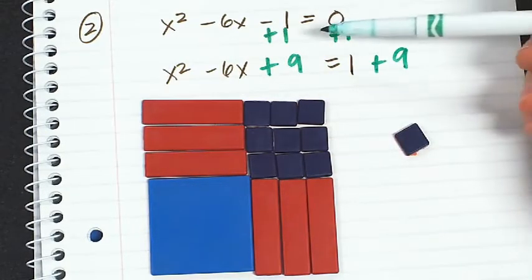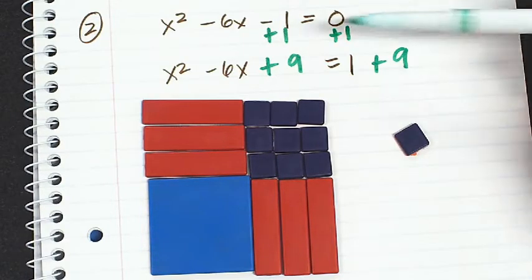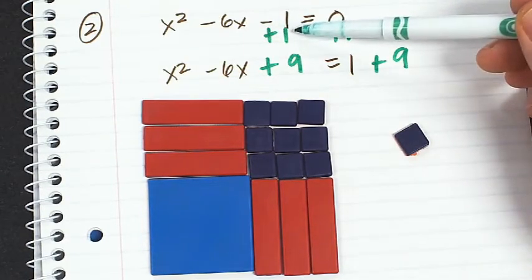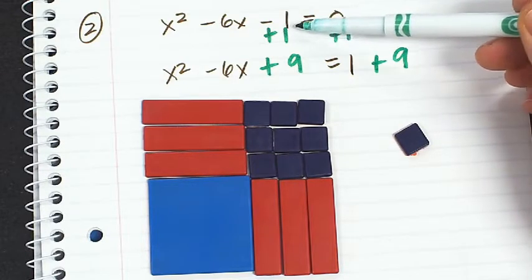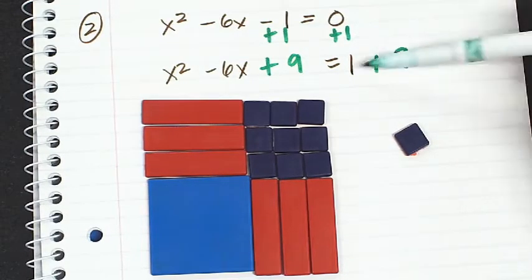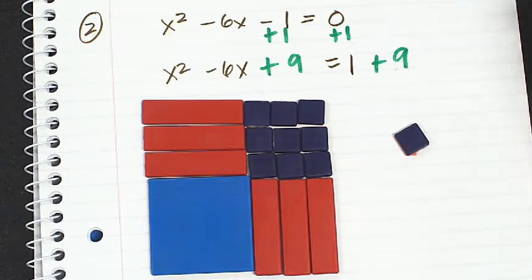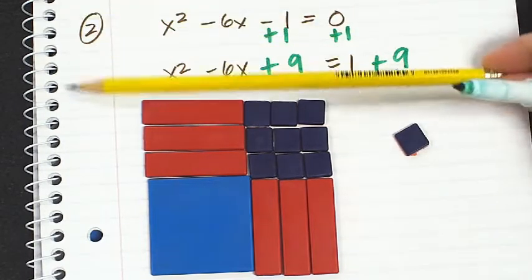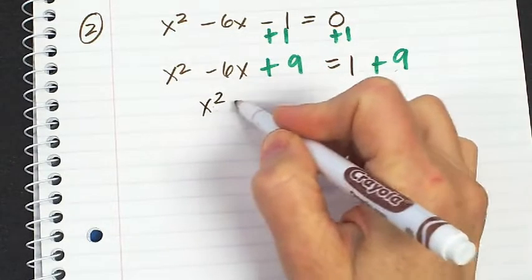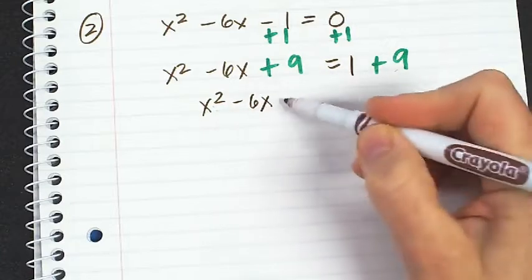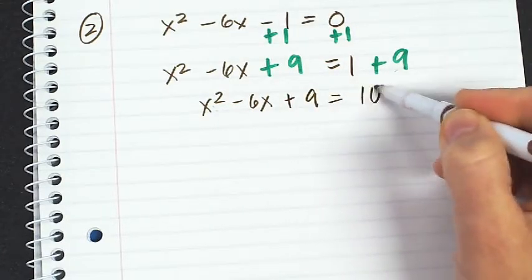Now you might be saying, how could I do it without moving this over? You would just add 10. Negative 1 plus 10 would give you 9. And if you added 10 to the left, you would add 10 to the right, which is what you get either way. So whichever way makes sense to you, that's going to give me x squared minus 6x plus 9 equals 10.